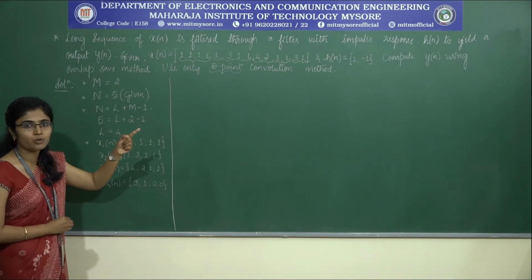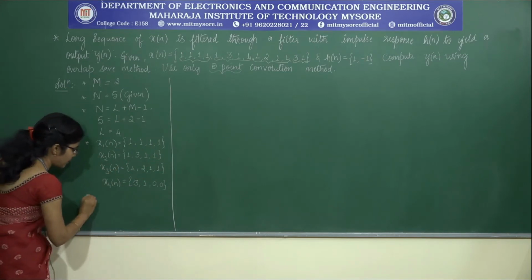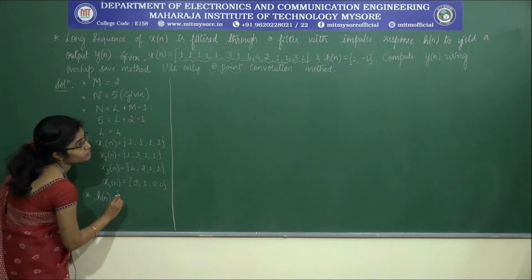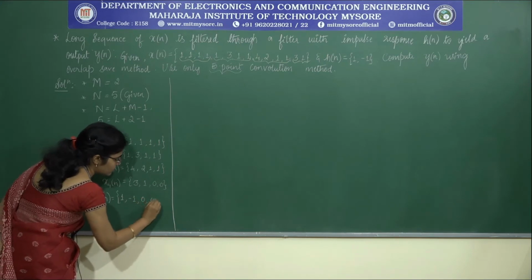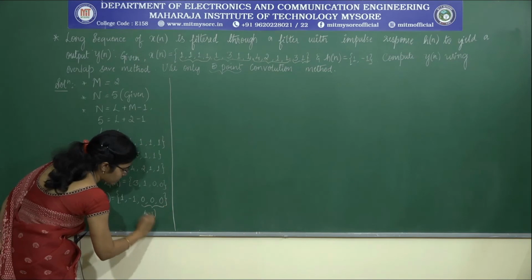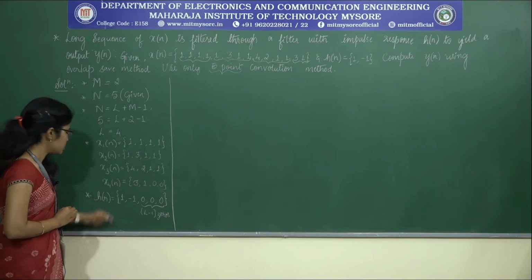I need to append 3 zeros. So h of n will be equal to 1, minus 1, followed by 3 zeros. Why these 3 zeros? You are appending L minus 1 zeros. Keep this in mind. Okay, so this is done.